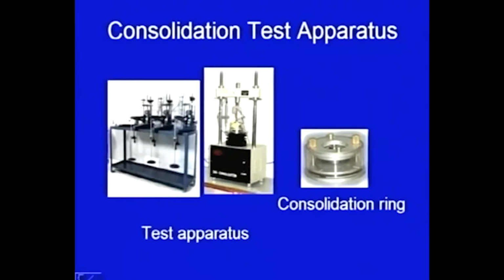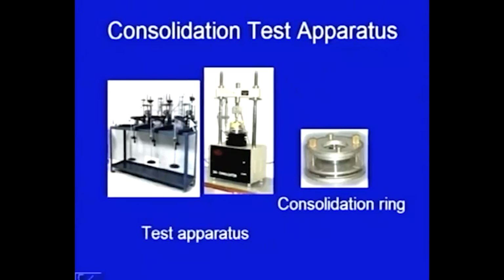A predefined pressure is applied, as I discussed earlier, and that pressure is maintained for a long duration. In this particular apparatus, you can see this is a lever arm, and using this lever arm and this dead weight, the pressure is applied on the specimen.